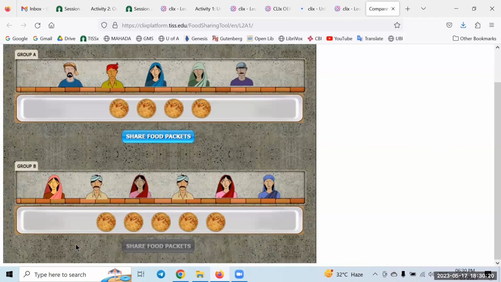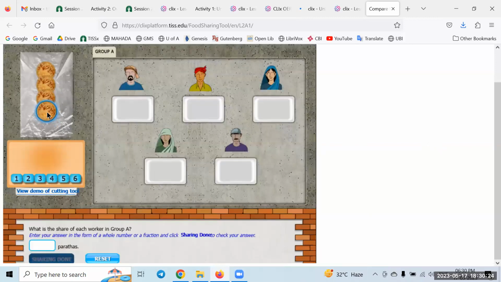Understand the situation more. So click on share food packets. So no, you can't do this, Tubana, because then it will be finished. Yeah, I know. I'm just showing them like this. Okay. So what should you do now?